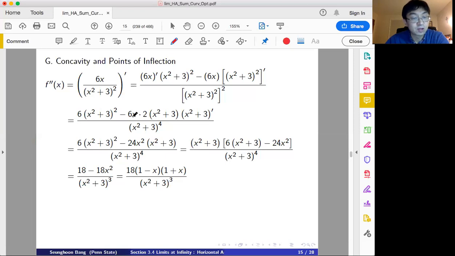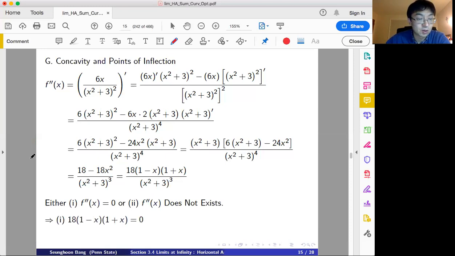Similarly, you can find x values such that the second derivative equals 0 or does not exist. The second derivative equal to 0, what does it mean? Just the numerator equal to 0. So x is plus or minus 1.